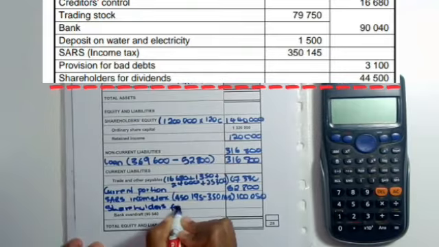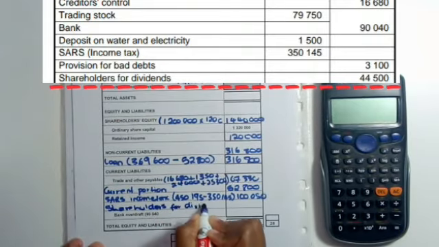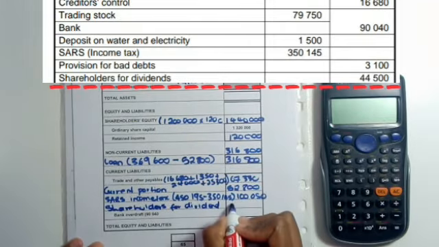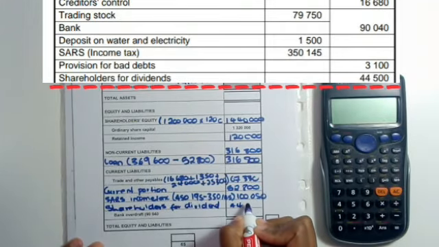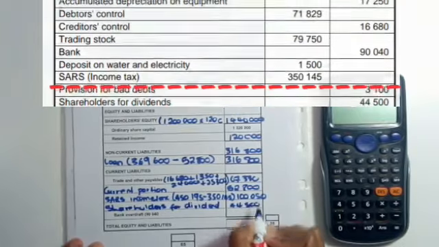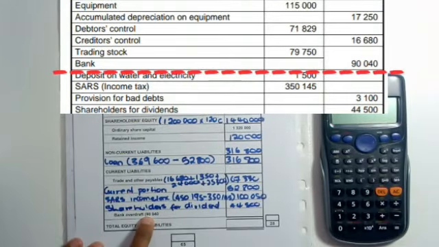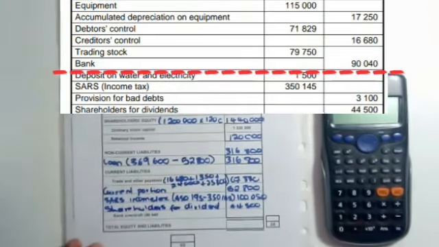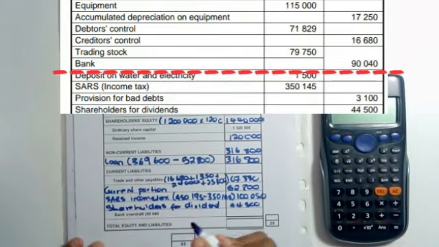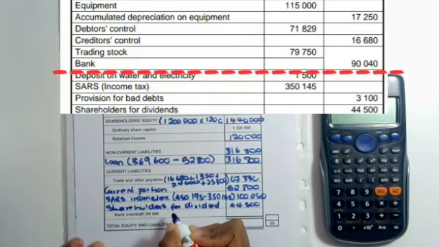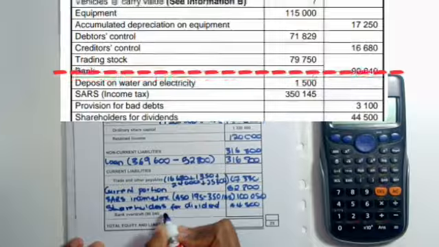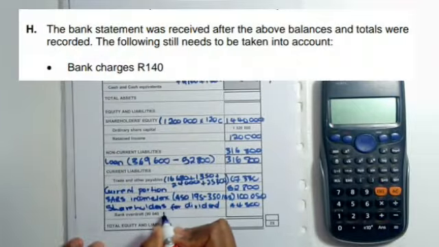Then we have shareholders for dividends that has been given to us in information A as 444,500. And then lastly we have our bank overdraft. The bank overdraft has already been entered for us as 90,040, and then we are going to remember information H, which was about our bank charges.